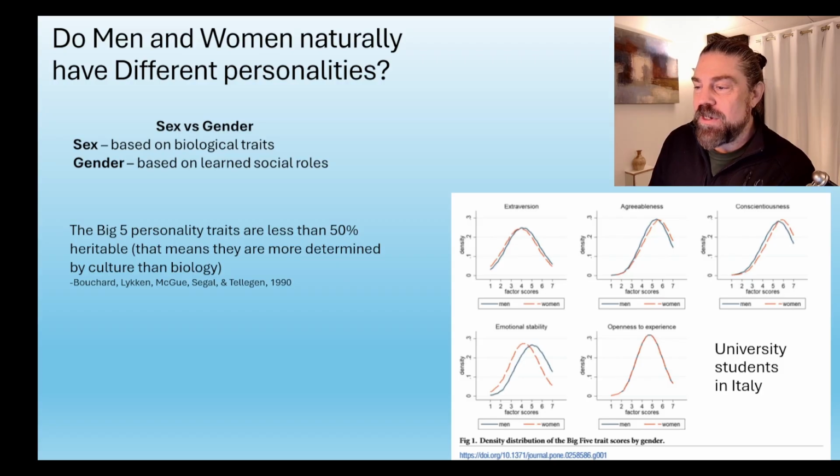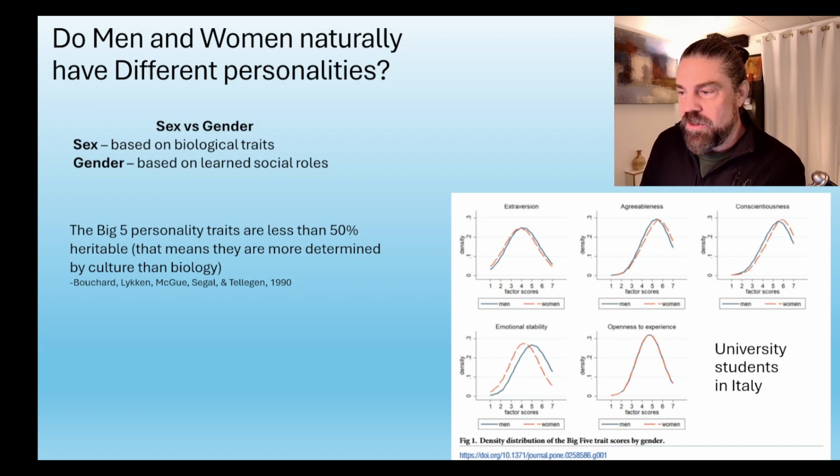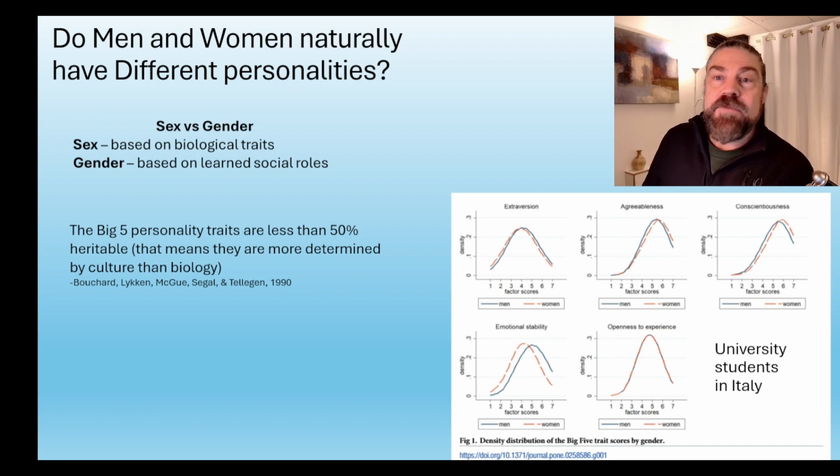If there is a difference, it's likely mostly coming from culture and socialization, which is what you'd expect here. You might find a small difference, and some studies have found a small difference in conscientiousness levels between men and women, but it's really tiny, and you shouldn't amplify the importance of that because, look, I can see these lines are pretty tight together.